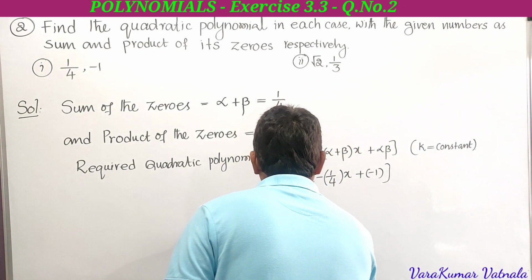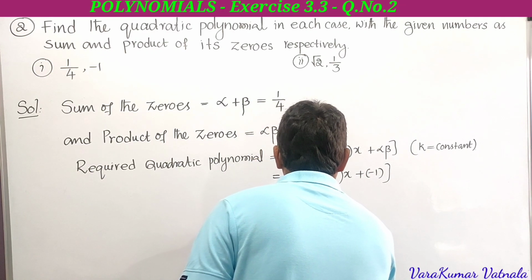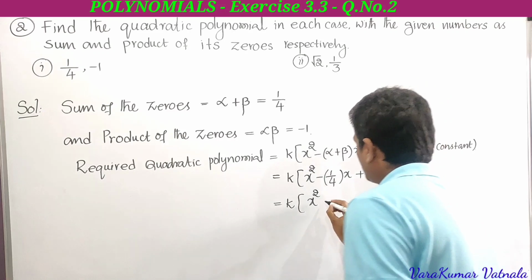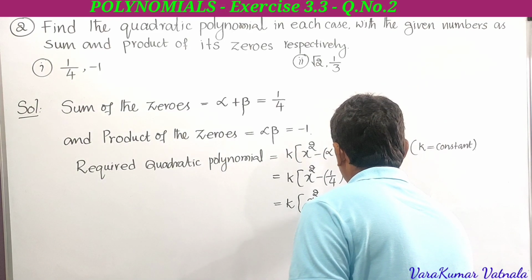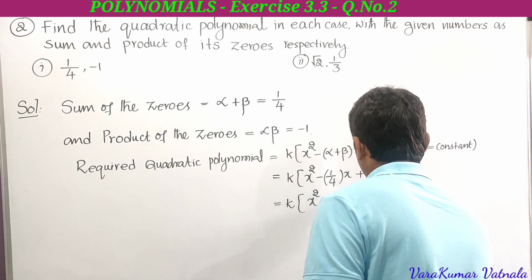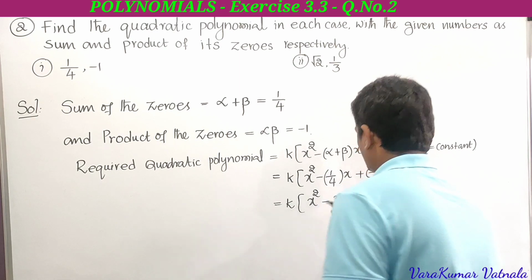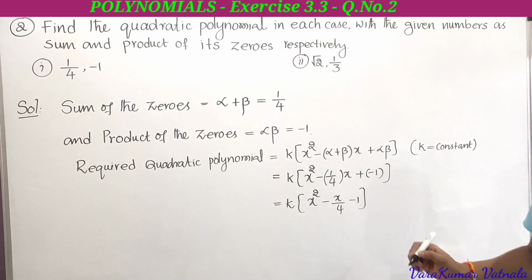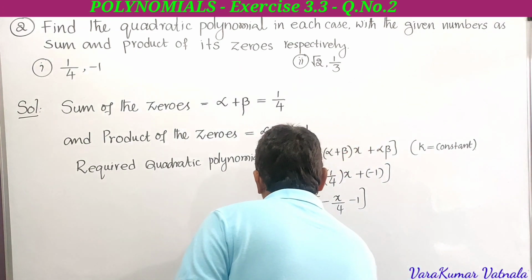So it is equal to k into x square, minus 1 by 4 into x, it becomes x divided by 4, plus into minus is minus 1. K into x square minus x by 4 minus 1. Further we have to simplify here.